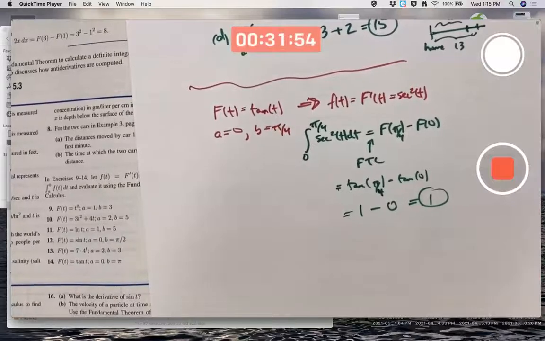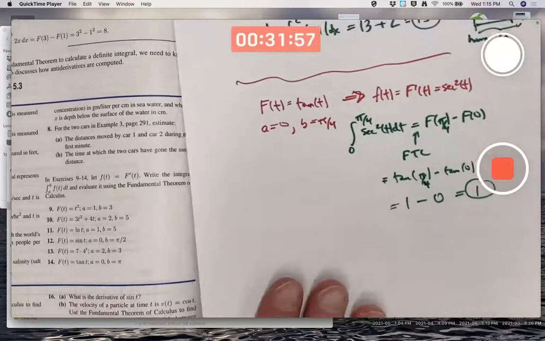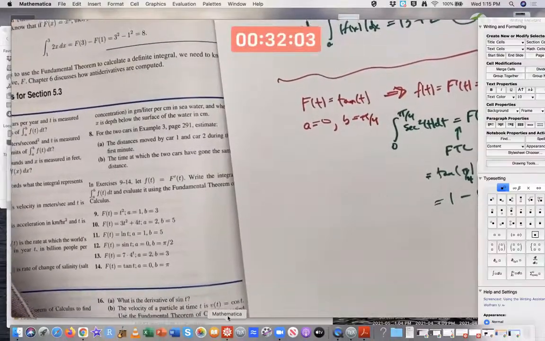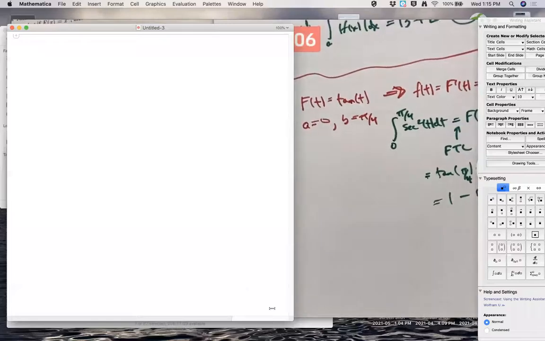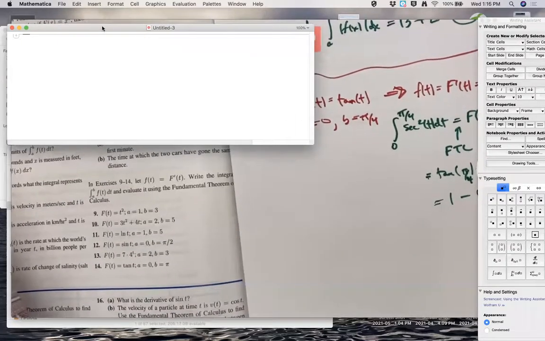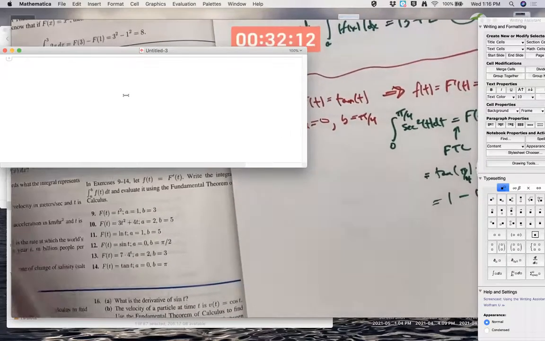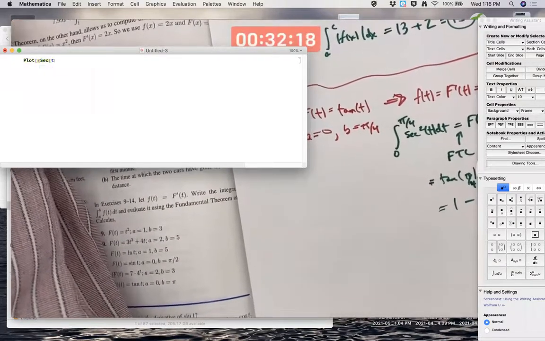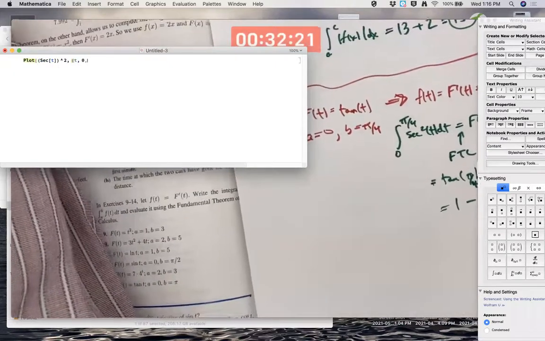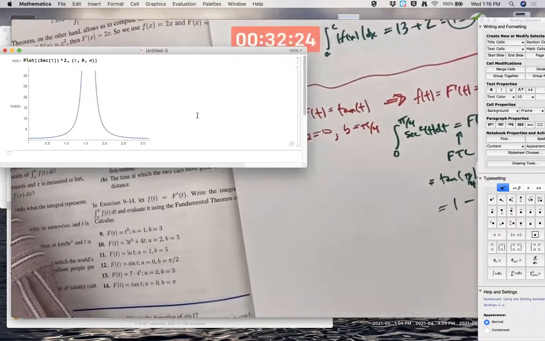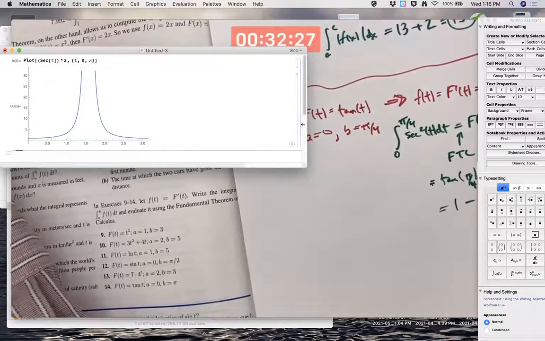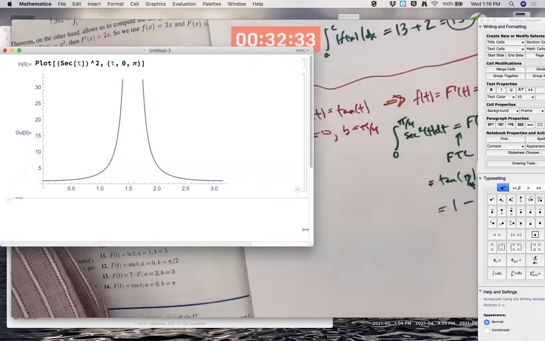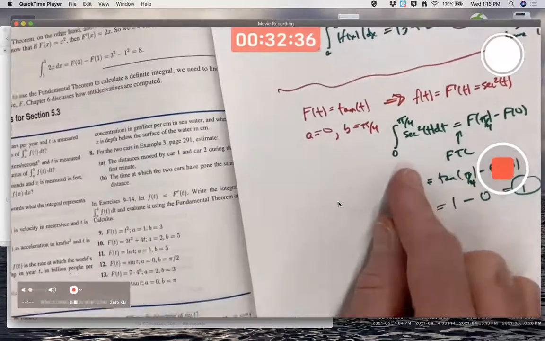The author of the textbook wasn't thinking very carefully in doing number 14 and writing it that way. Why? The graph of secant squared, as t goes from 0 to pi, has a vertical asymptote. Because of that, the integral from 0 to pi actually doesn't make any sense.